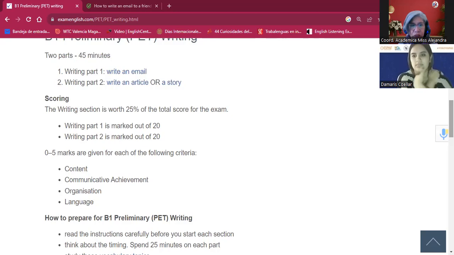The content has to do with whether you follow the instructions. Content has to do with following the instructions, because the emails are given certain guidelines that you have to follow for the email to be fine.